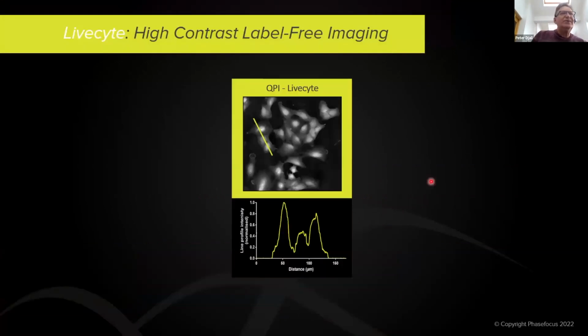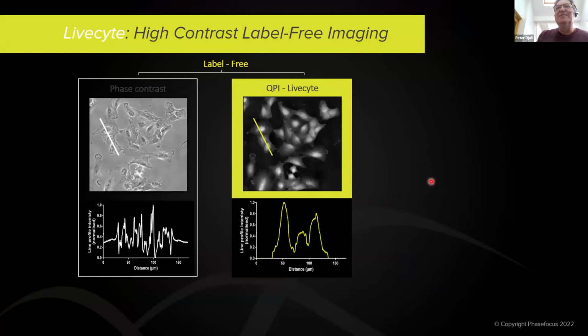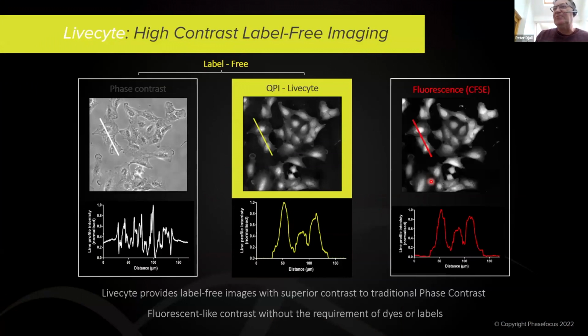So just again to review for those of you that don't know, this is a quantitative phase image. This is just cells. They look like they're probably fluorescently labeled. They certainly don't look like what you would expect from a normal phase contrast image. In fact, they look almost exactly like a diffuse CFSE stained image.